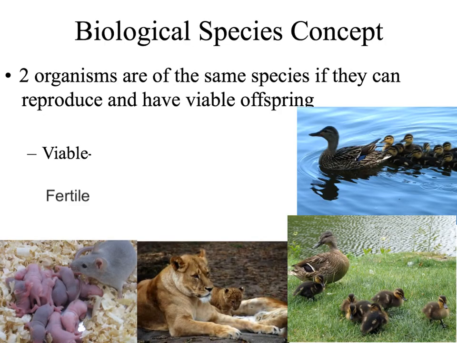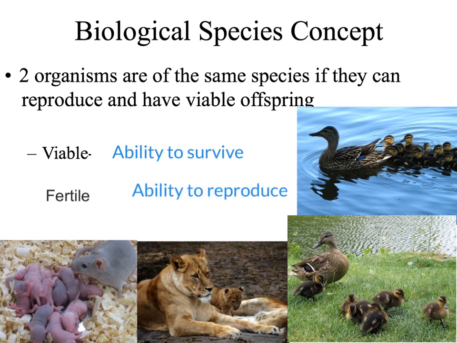The biological species concept focuses on reproduction of organisms. This concept states that if 2 organisms are the same species, they are able to reproduce and have viable, fertile offspring. Viability has to do with the offspring's ability to survive in its environment.